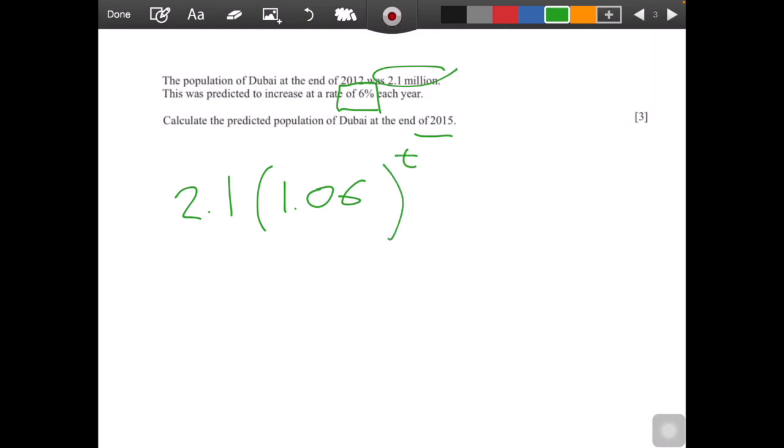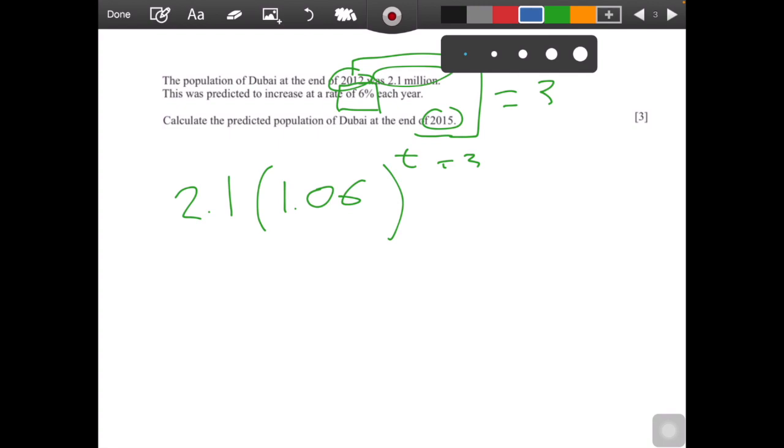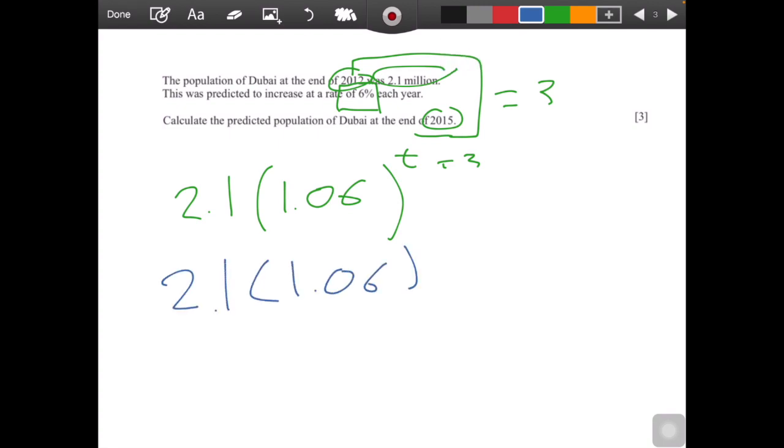The time period we have is 2012 and 2015. And the difference between the two will be 3, so t will equal 3. Thus, our final calculation will be 2.1 times 1.06 to the power of 3. Plug this into your calculator, and this will equal 2.501 million people.